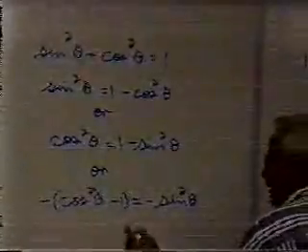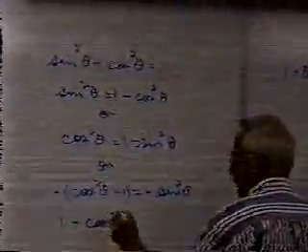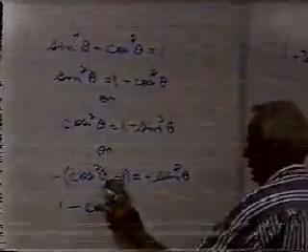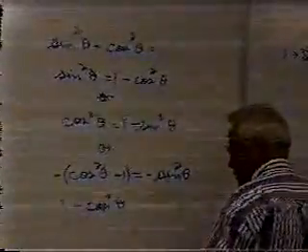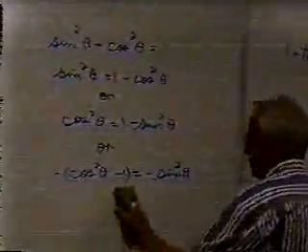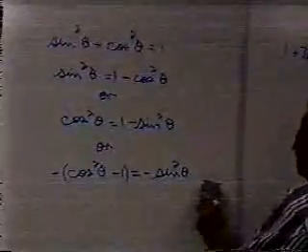I multiply both sides by minus, that changes that to 1 minus cosine squared. So what I'm saying then is cosine squared minus 1 is a minus this. Okay. So you must be able to see the identities in several different ways, all right?